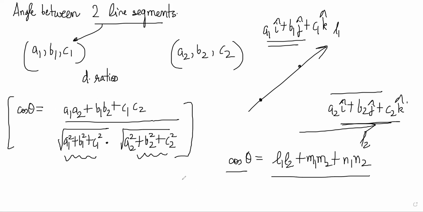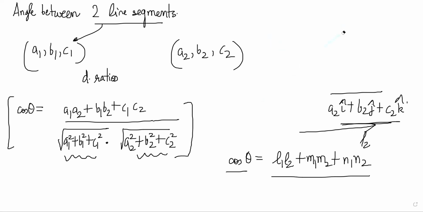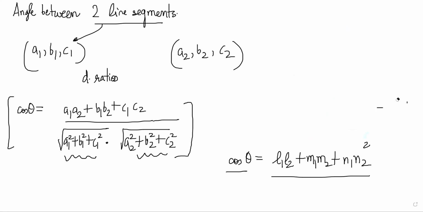So this part is pretty obvious, because that's how we define the meaning of direction ratios and direction cosines. Now, from these formulas, we can easily say basic things like when will two lines be perpendicular, when will they be parallel, and so on.